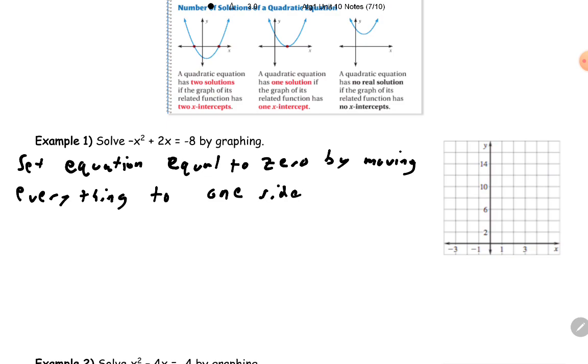So in the equation here, I'm going to move the negative 8 over to the other side by adding 8. So I have negative x squared plus 2x plus 8 equals 0.